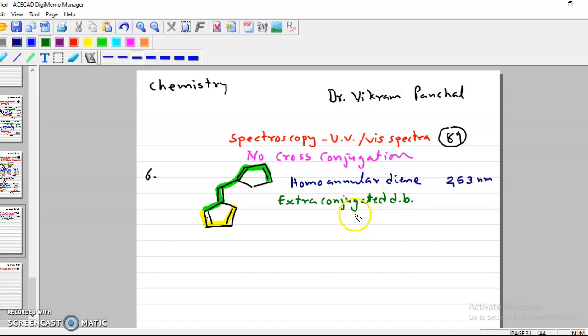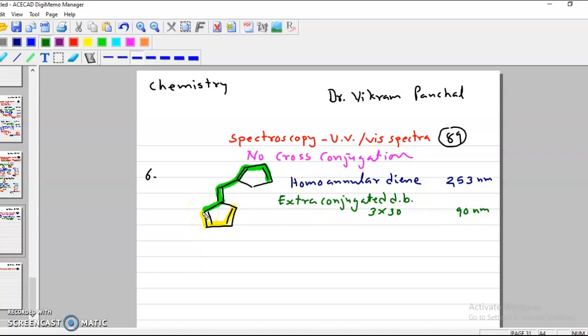For each double bond we are putting 30. So there are 1, 2 and 3 extra conjugated double bonds in the green system, and that is why we will add 90 nanometer for extra conjugated double bonds.